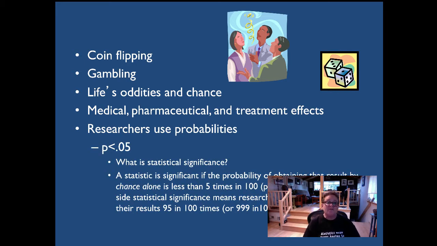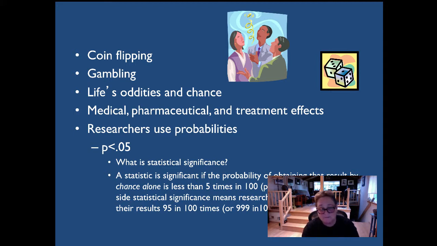So what does this p is less than 0.05 mean? It is statistical significance. When something only has less than 5% chance of occurring by chance alone, then we would say that that result is statistically significant, because researchers or statistics say never having to say we're certain.